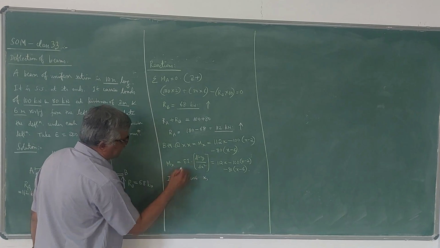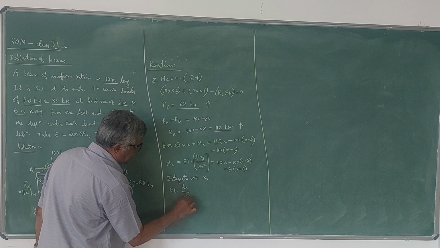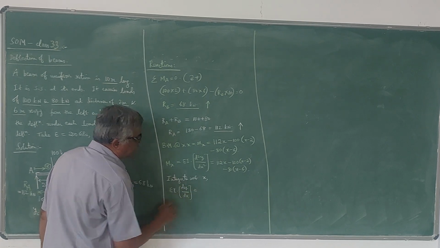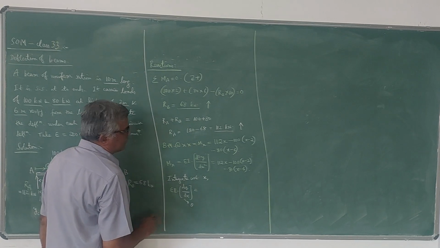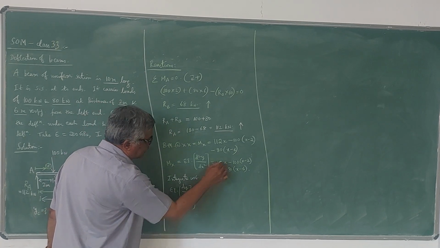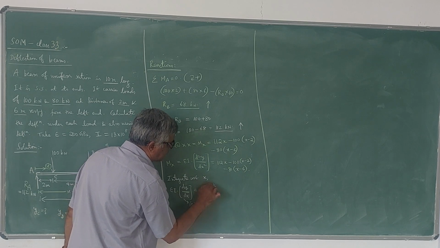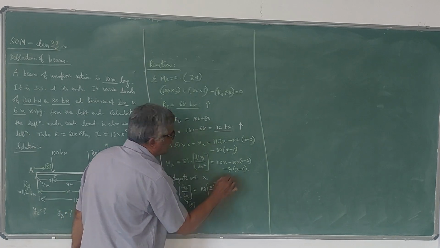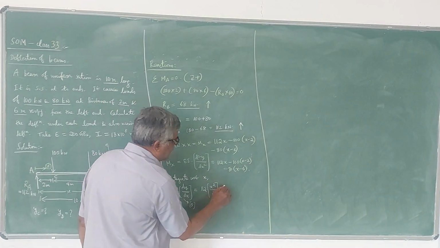So you will be getting EI into dy by dx, the integration of d square y by dx square, which is nothing but theta only. dy by dx is nothing but theta. So it is equal to, if I integrate this, 112 into x square by 2, since the integration of x is x square by 2, minus... we have to treat this (x minus 2) as x only and integrate, in Macaulay's method.